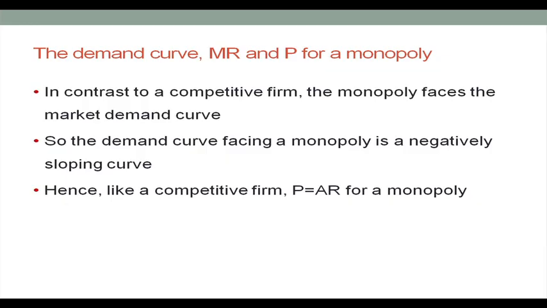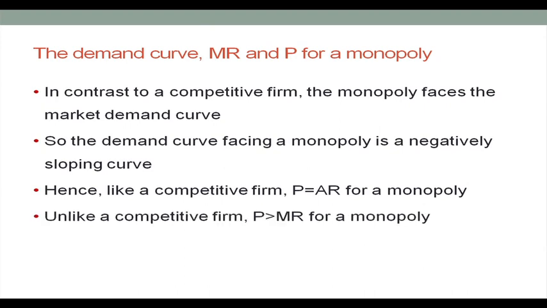Hence, like a competitive firm, price is equal to average revenue for a monopoly. However, unlike a competitive firm, price is actually more than marginal revenue for a monopoly. So let me explain.